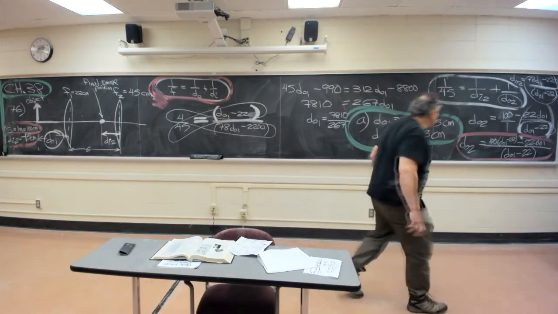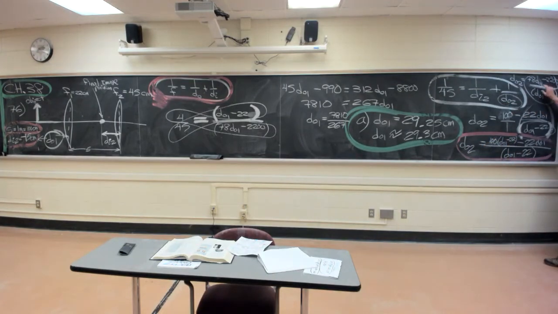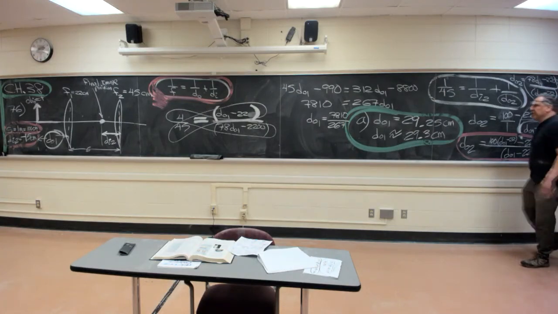So you could take this right here if you wanted to find DO2, put in the 29.25, multiply it by 78. Subtract this from it. When you're done, take 29.25 and subtract 22. 29.25 minus 22 is 7.25. 7.25 into here, there's your DO2.